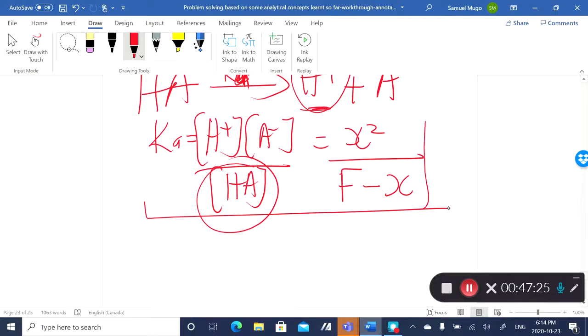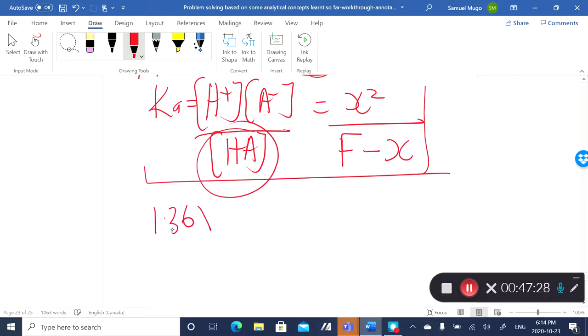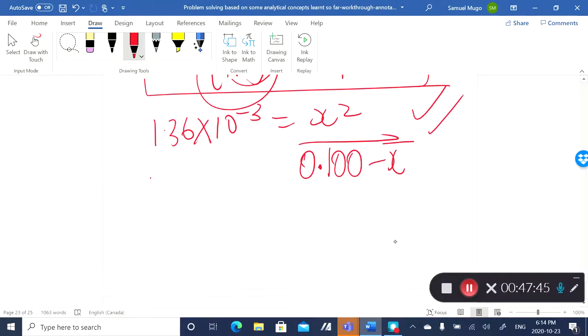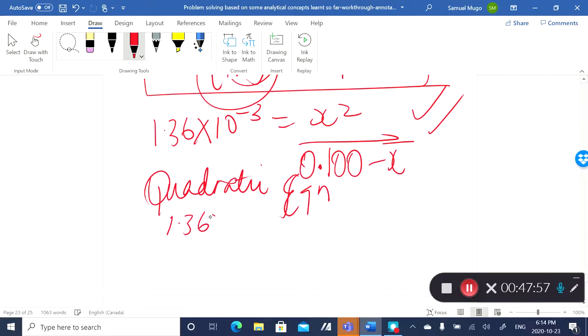And so you can plug in the numbers: x squared over the formal concentration that you started with, 0.1 minus x. Now you should solve a quadratic equation here, using the quadratic formula.